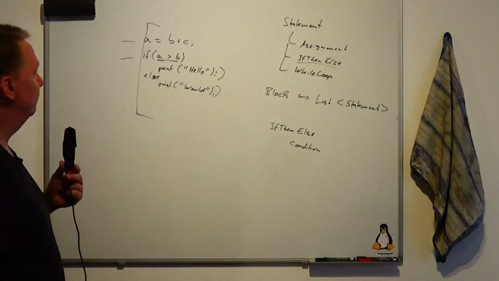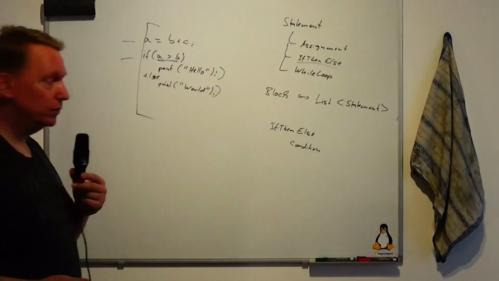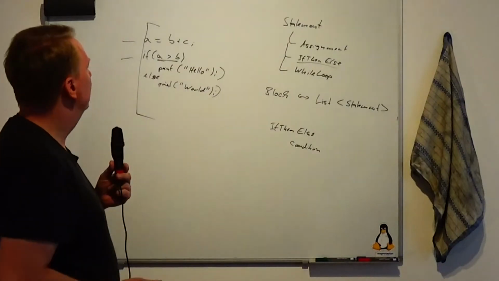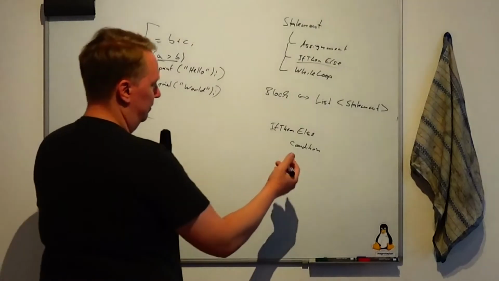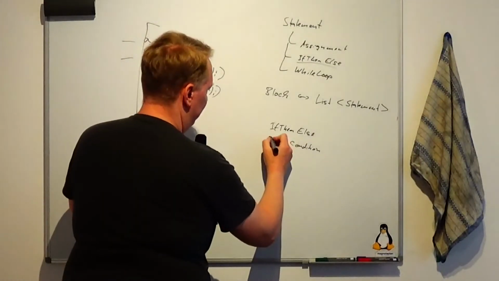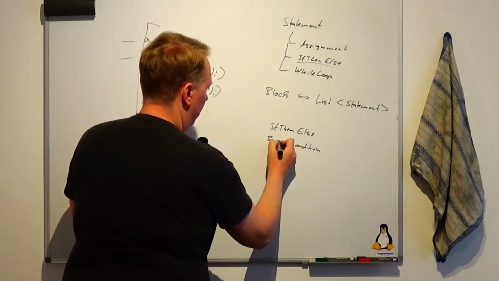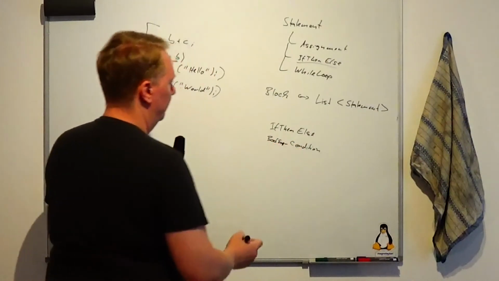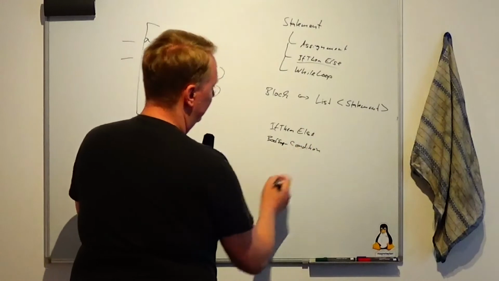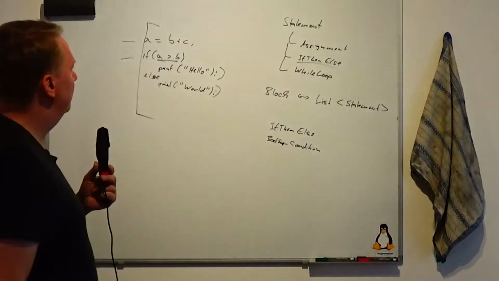Like you could have multiple conditions combined with an and or an or. So we will need some base class, like boolean expression. And this condition needs to be of that type.